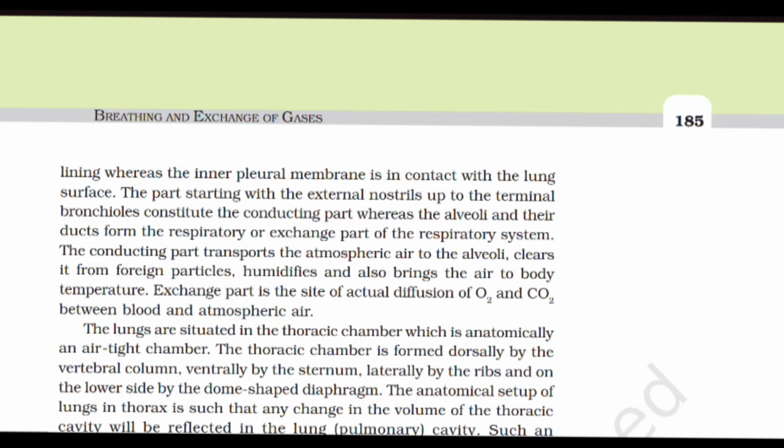The conducting part transports the atmospheric air to the alveoli, clears it from foreign particles, humidifies, and also brings the air to the body temperature. Exchange part is the site of actual diffusion of O2 and CO2 between blood and atmospheric air.